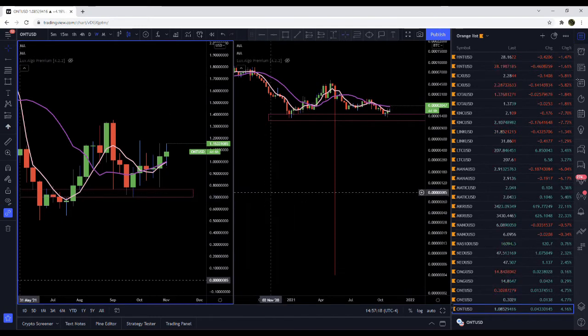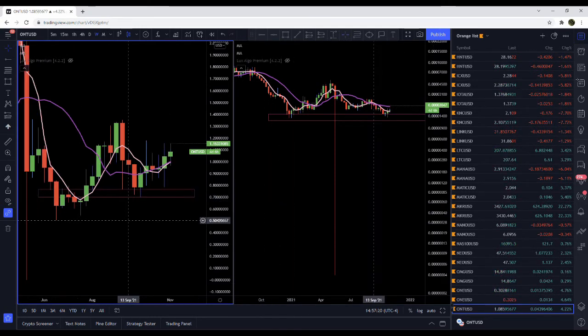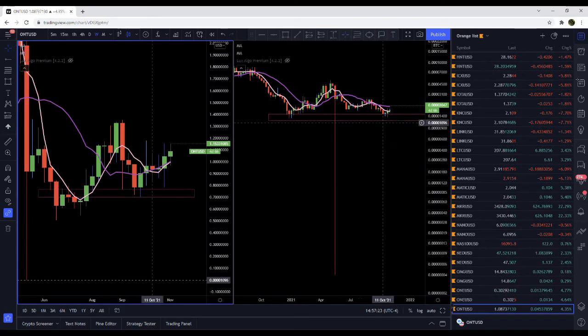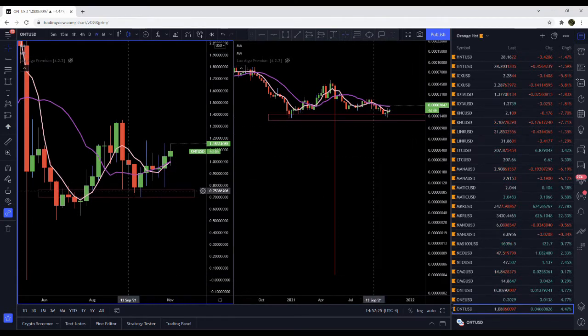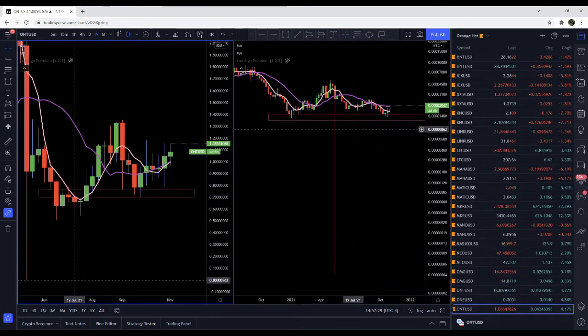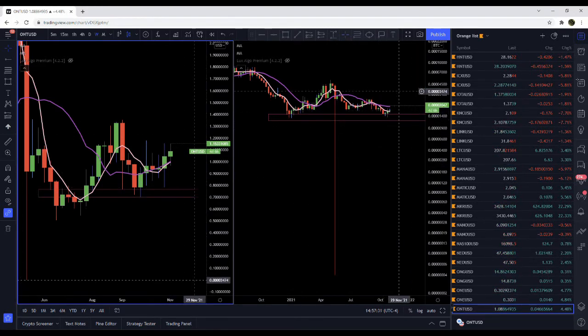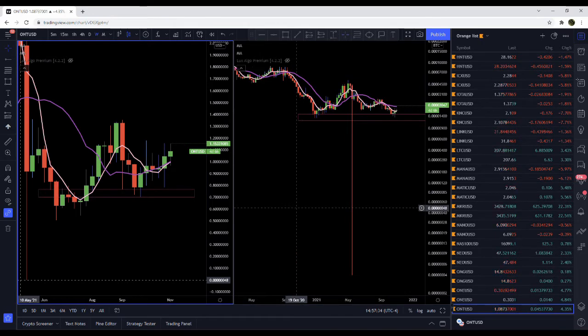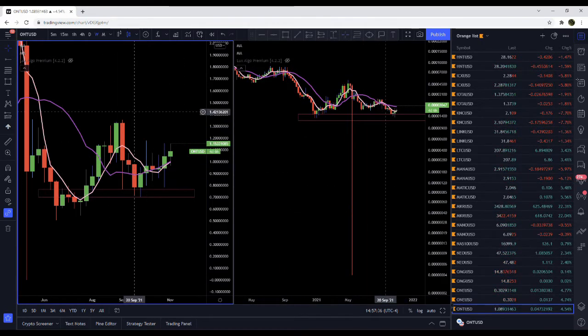But I hope you see the difference. If we could have got this here, the same time we got this here, then we would have had an explosive move. So that is the difference.